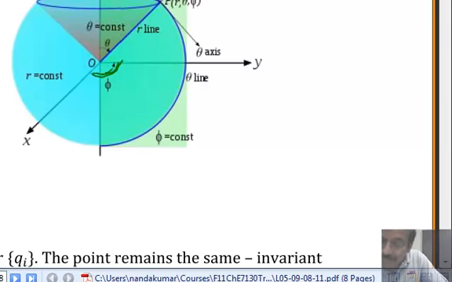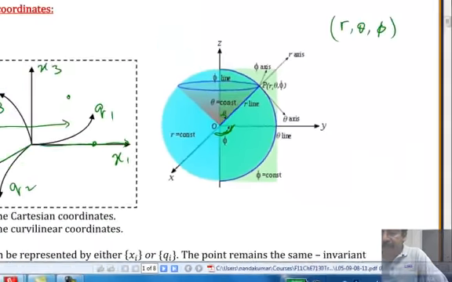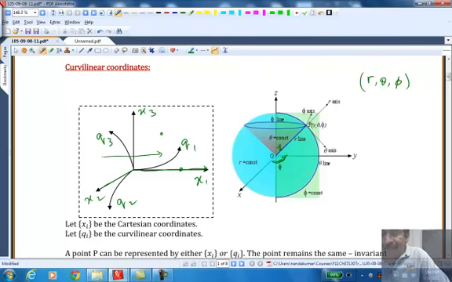So this is the phi axis, and the theta axis is from the vertical axis z. It's measured from there. So if I keep a constant theta, but change phi and change r, what kind of a surface will I get? A cone. It's also given there.